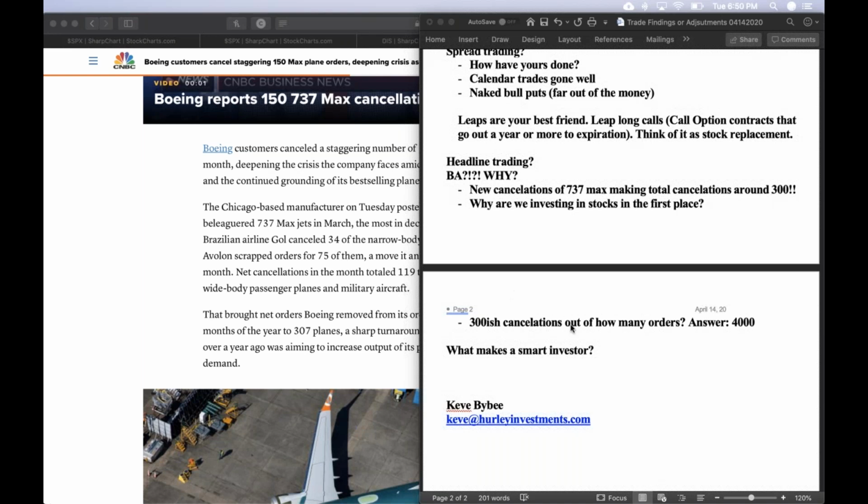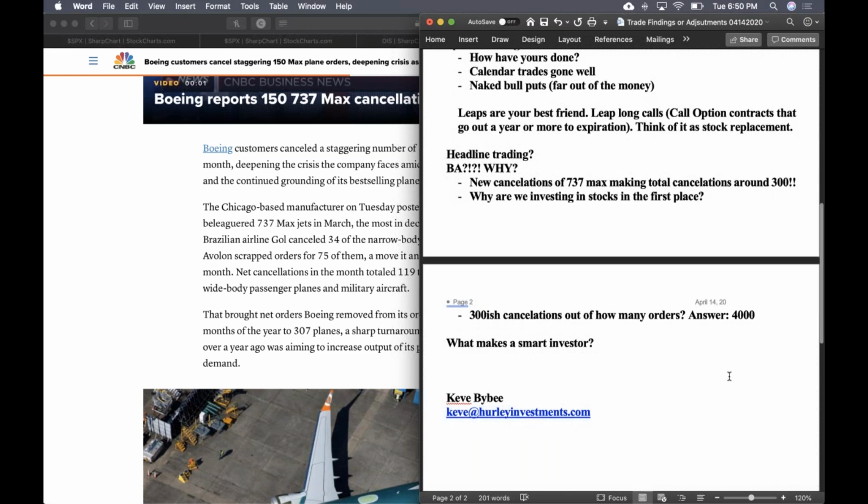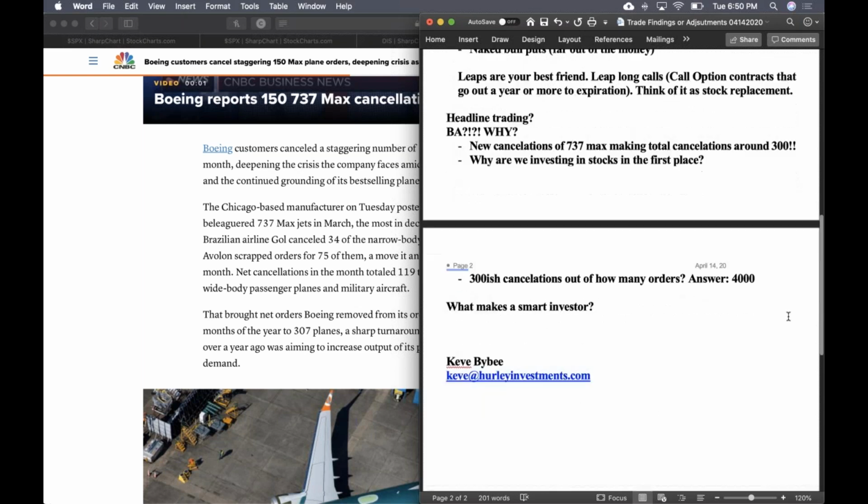So the ones that are totally canceling out, why would you think they're doing that? I would think it's because they're going bankrupt and they're trying to get everything back that they can to go through that process, because nobody that is going to be solvent is going to cancel those planes to be put in the back of the line.